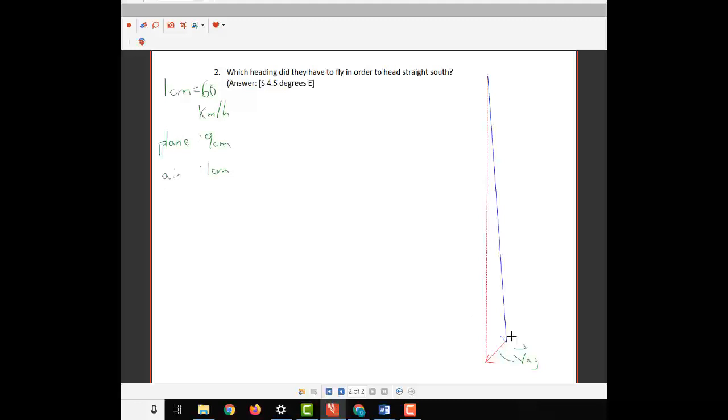So here is what the pilots are aiming at in blue. So our pilot's velocity in still air, sometimes we call it the plane relative to the ground. So that was 9 centimeters, and this one was 1 centimeter. And so when we do some measurements on the other side, I'm putting my ruler now on my screen.